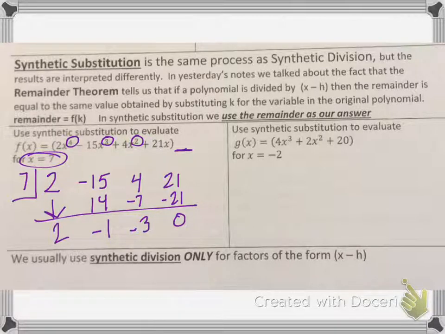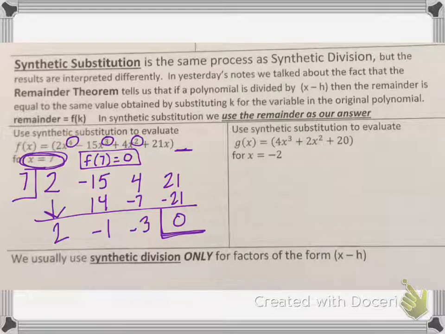I don't do that like I did with the synthetic division. When they're giving me a value to plug in, my answer is only this last value, or the remainder. If they're telling me to find x equals 7, in other words, to find f of 7, well, f of 7, or in other words, the remainder when I divided by 7, is 0.